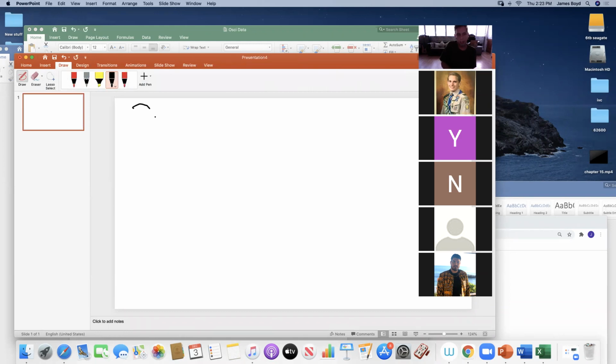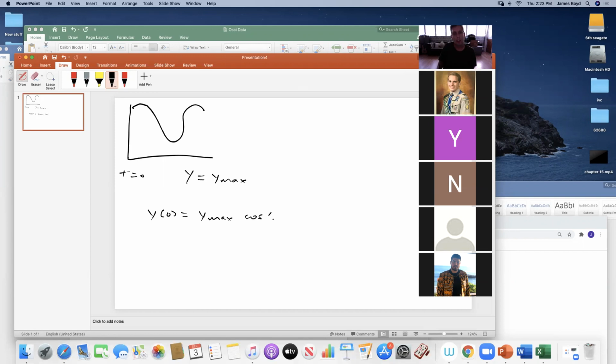So let's look at a couple different examples here. Imagine we have, like we have here, a cosine function at t equal to 0, y equal to y max. When that happens, we say that y at time 0 is equal to y max cos of omega t plus or minus phi. I know it says minus in the lab. And then what is that equal to at time t equal to 0? Y max.